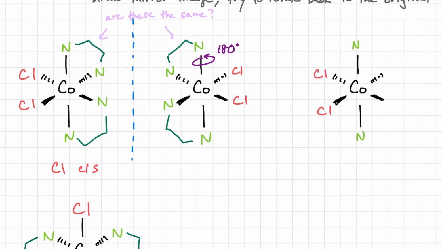So chlorines are lined up, because this one is going to go 90, 180. And I can even draw little lines here. We're going around like a top or a merry-go-round, going in a circle.